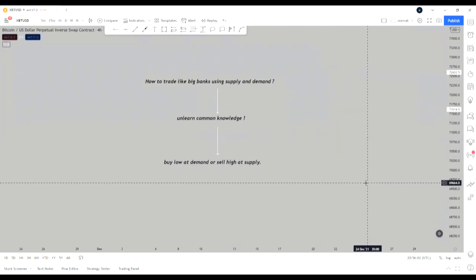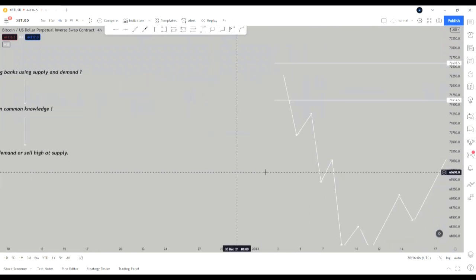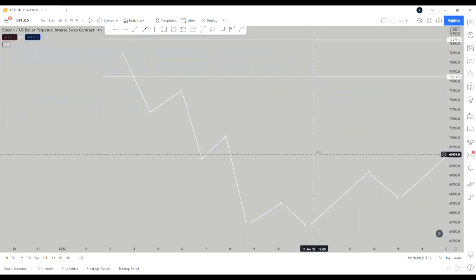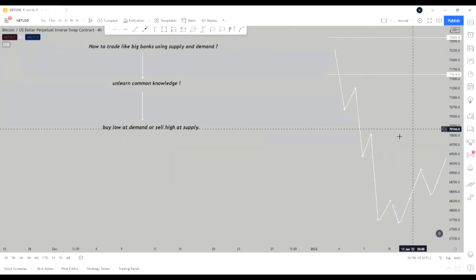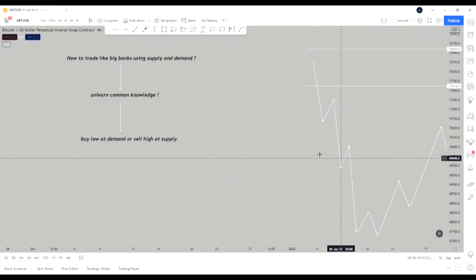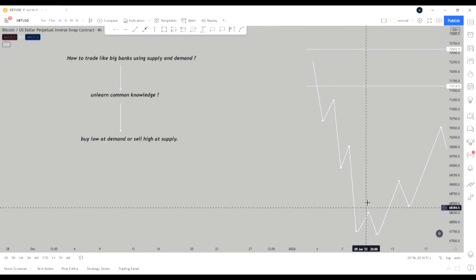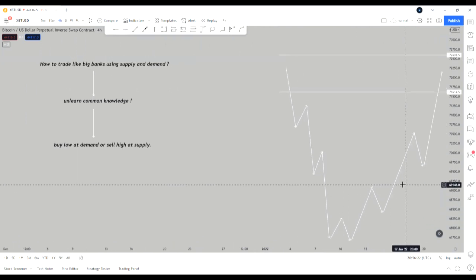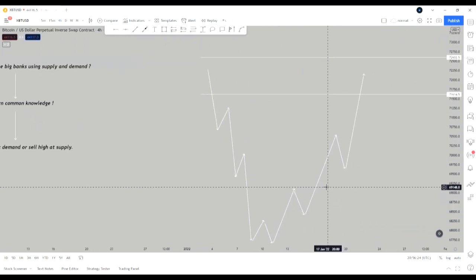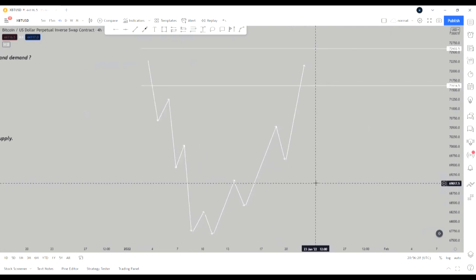What we see here on our right is a zone that was created, a nice range. Just imagine price has broken market structure to the downside in this case, and we see price trending back up into this level. This is a simple example, and this is what we want to use.